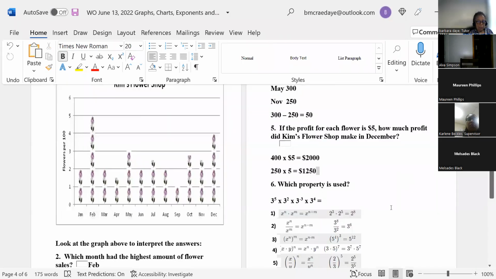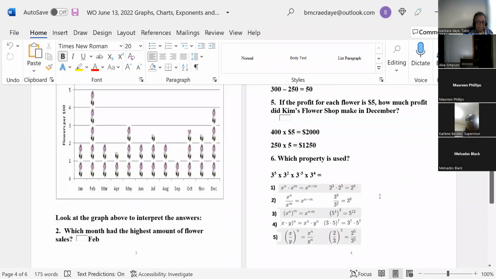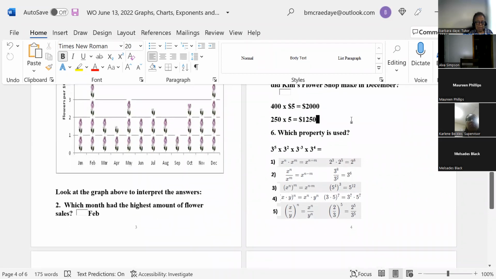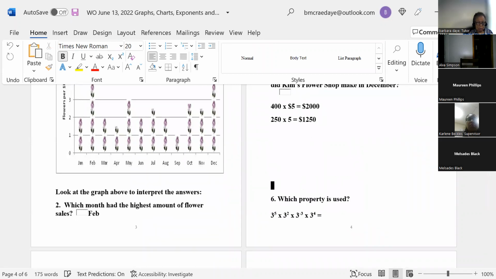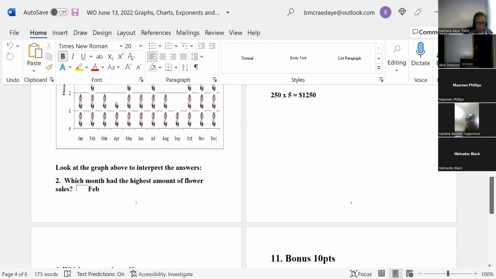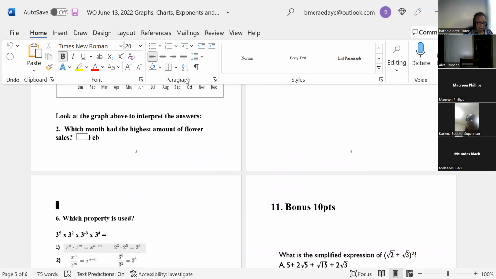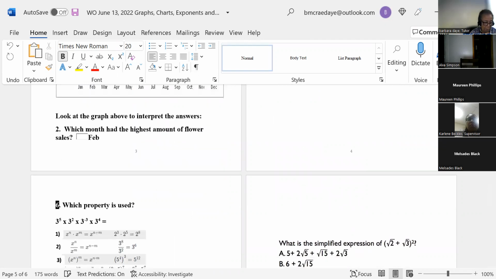Now you see number 6, which property is used? Let me bring this over to the next page because I want to expand that property chart and make it bigger.